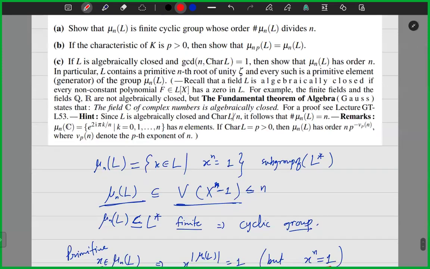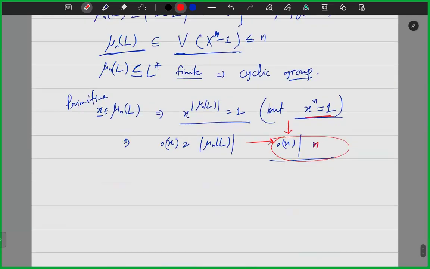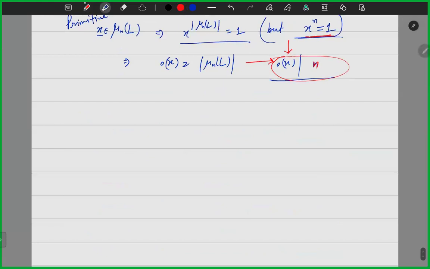Part B: if the characteristic of K is positive, equal to p, then μ_n(L) is the same as μ_np(L).